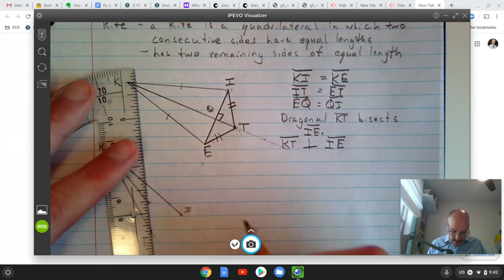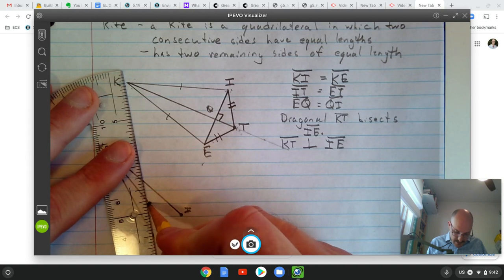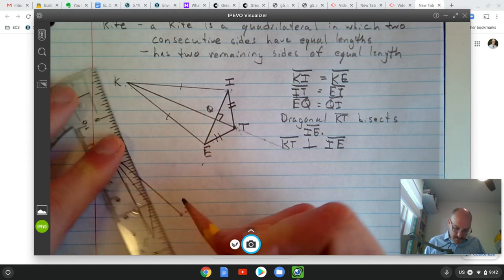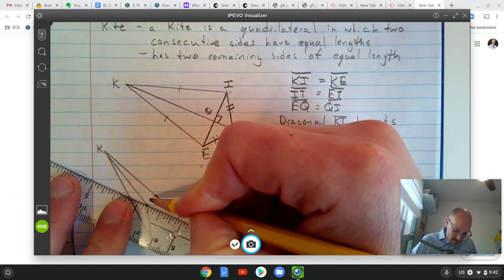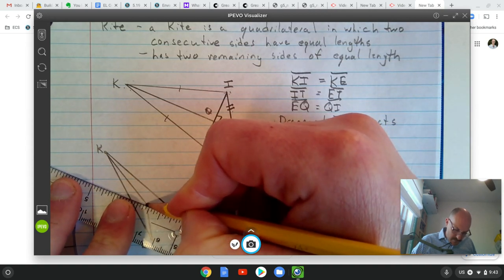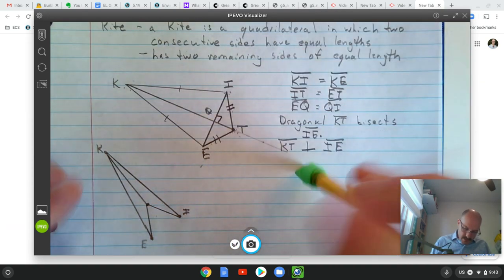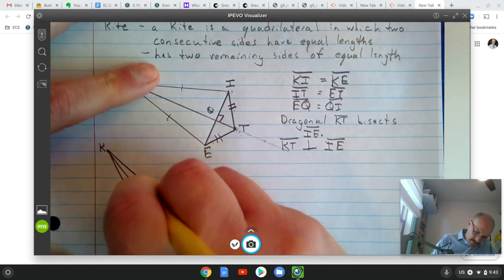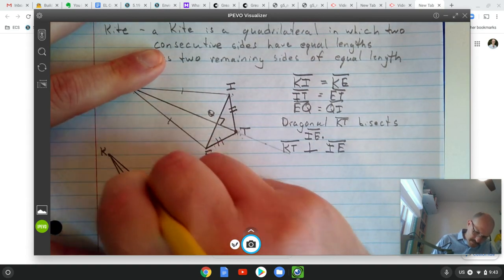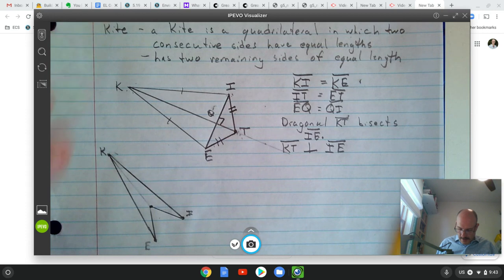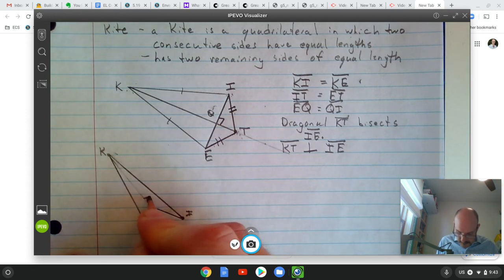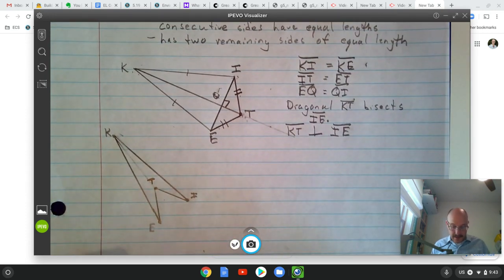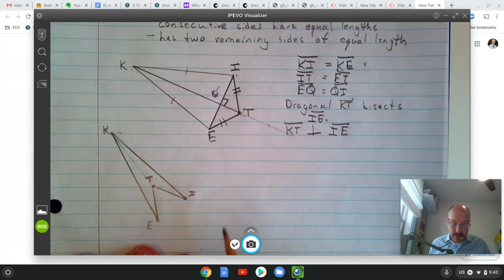Okay, so that's point T. And this then is also a kite. Let me erase my middle line there. This is also a kite, and it has the same features.